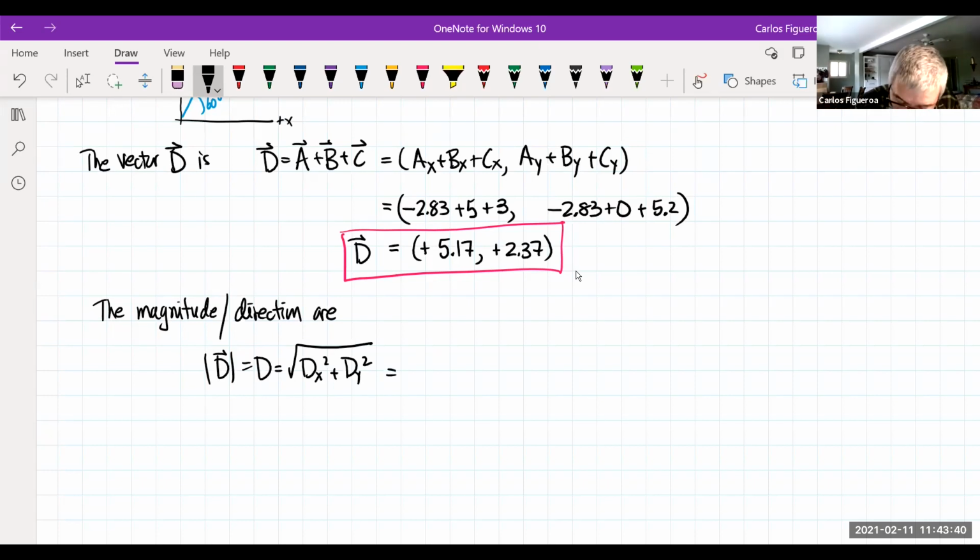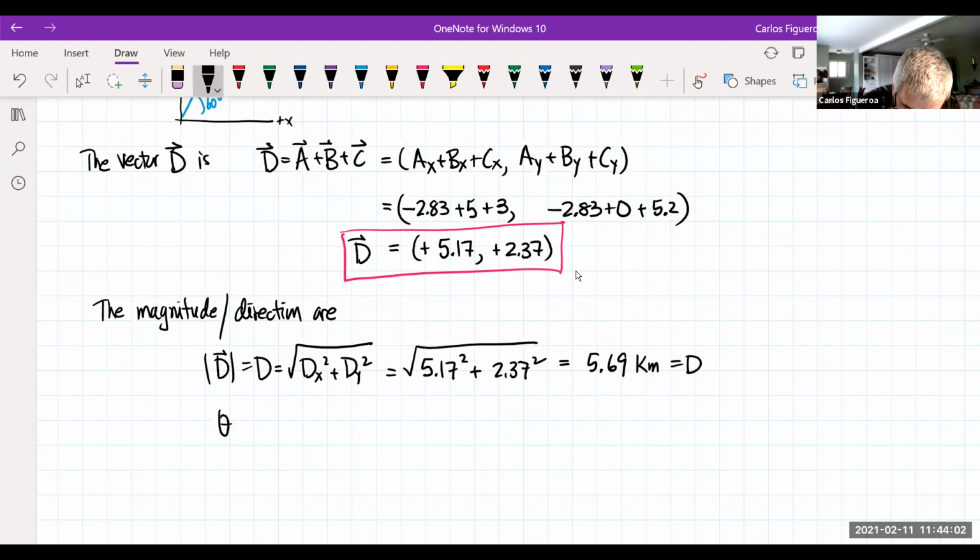So if I plug this in here, I'm going to get the square root of 5.17 squared plus 2.37 squared. And the length that I get here is 5.69 kilometers. And that's the magnitude of D. Let's go get the angle now.